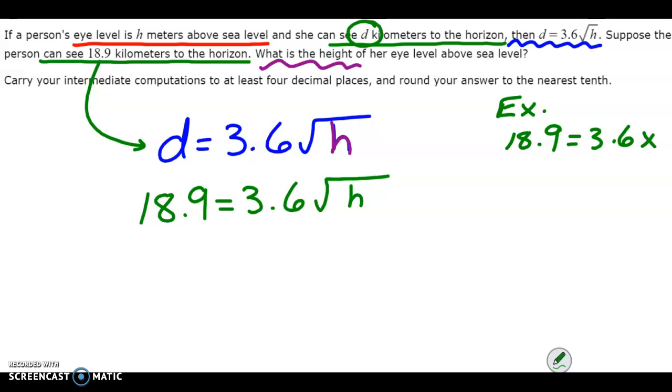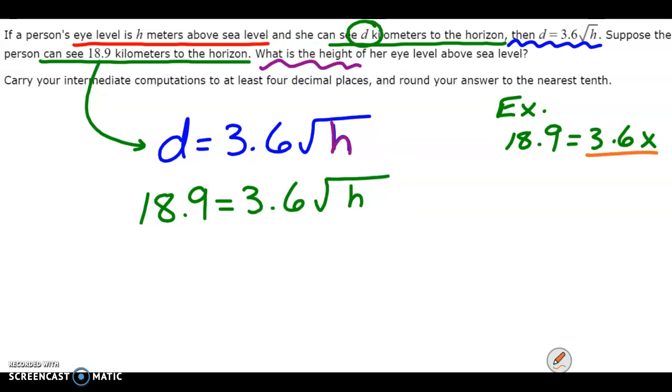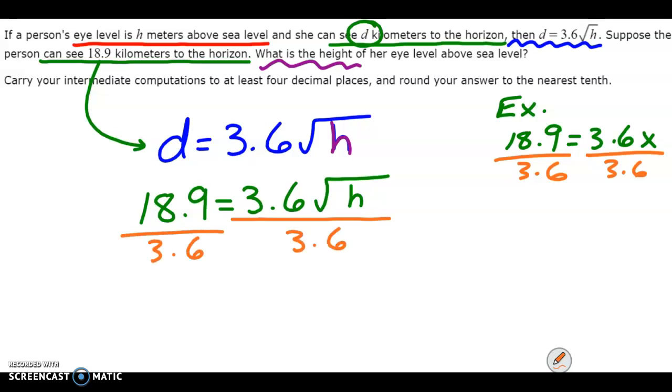What do we do when that is our situation? We have to get that piece all by itself. So we're going to divide by 3.6 on both sides, right? So that's what we're doing first here. We can't address that variable until it's all that's left. So I'm going to divide by 3.6, divide by 3.6.